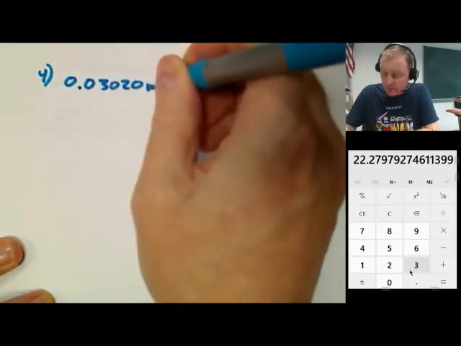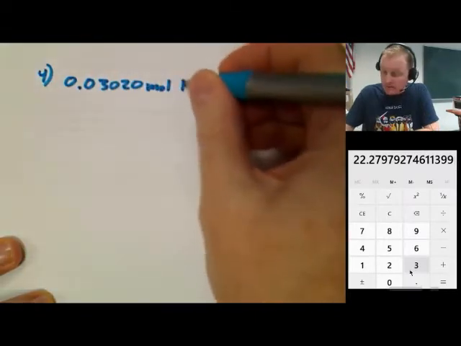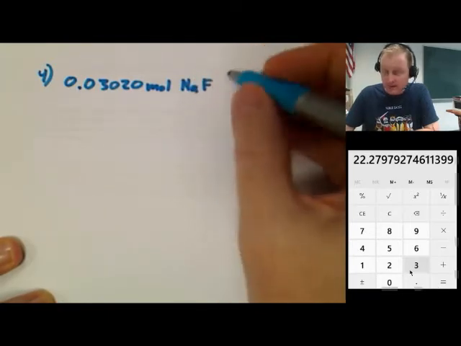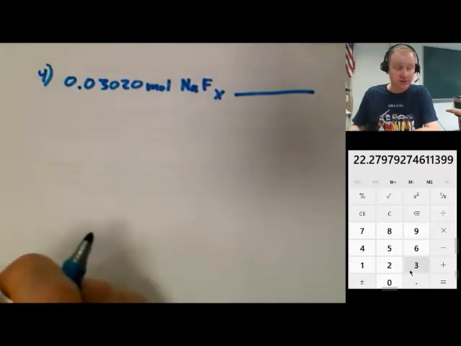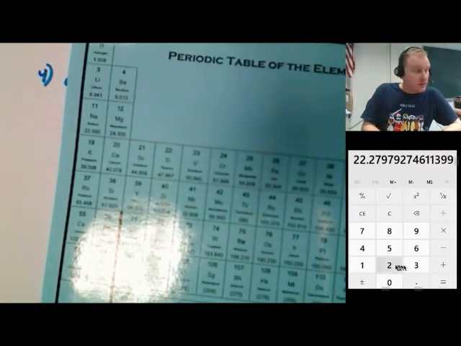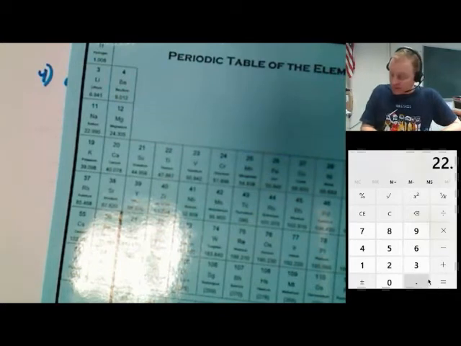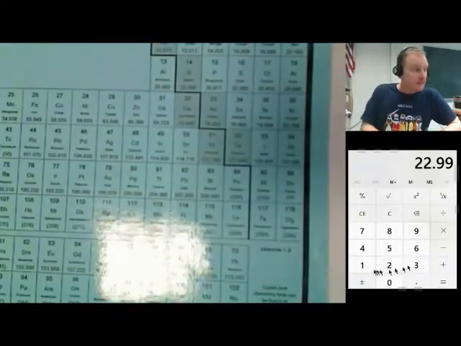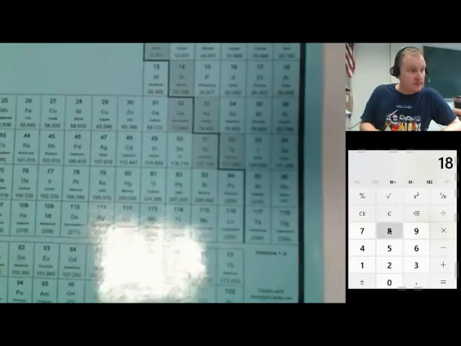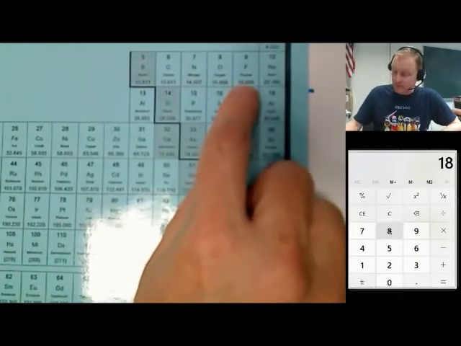0.03020 moles of sodium fluoride times the molar mass of sodium fluoride. We've got to get those moles into grams. So our molar mass of sodium fluoride would be the sodium, 22.990, plus the fluorine, which is over there, 18.998. It's kind of hard to see.